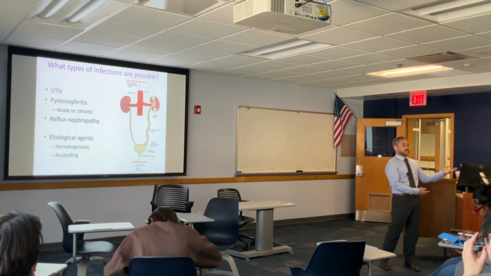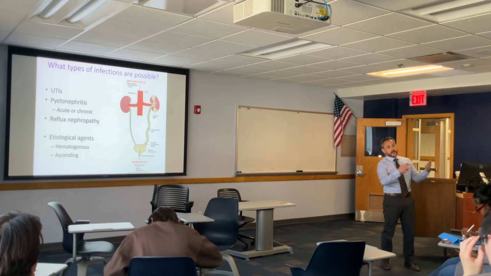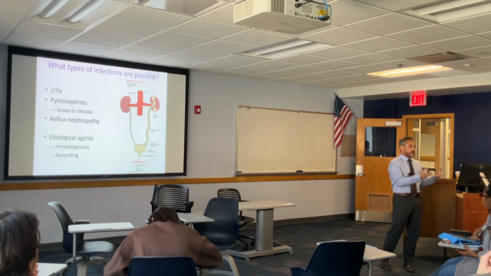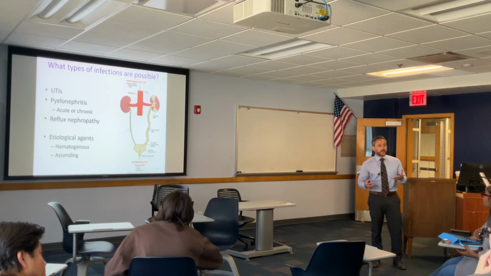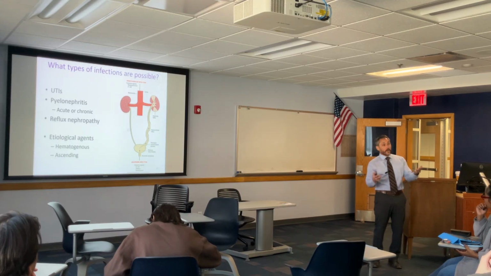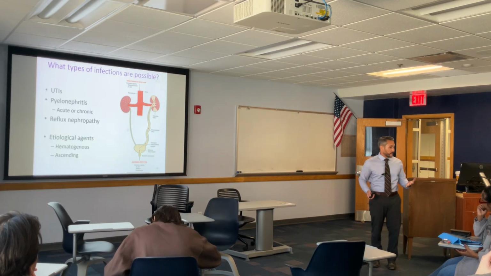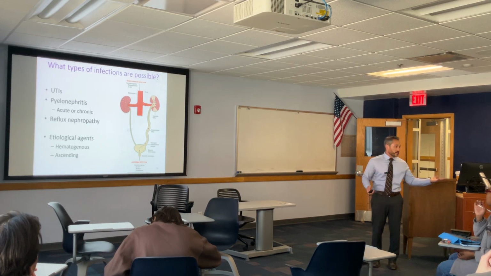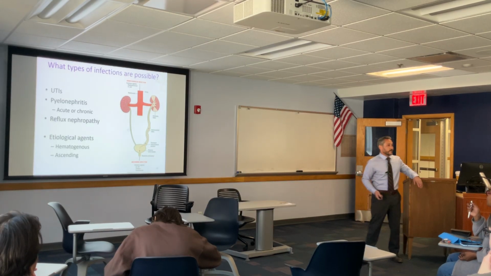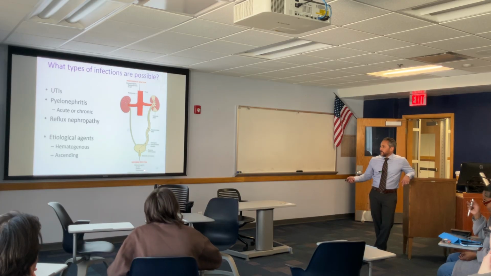So after defecation, if that area isn't clean, or in kids, especially in young girls, the way that they manage their bathroom procedure and how they wipe is a very important thing. Go front to back versus back to front. These little tiny things that are very important for pediatric care.